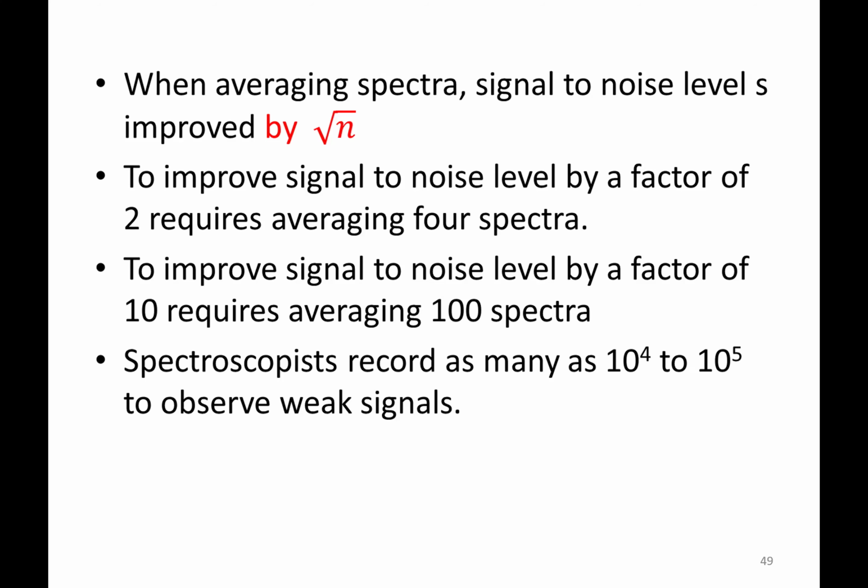Therefore, you acquire 4 spectra, for example, and you hardly see that particular peak. You want to improve it a little bit, you took 4, then you would have to run it for 16 scans, all right? If you have 16 scans, then it's the square root of that again. Does that make sense? So you spend more time to improve on the analyte signal.